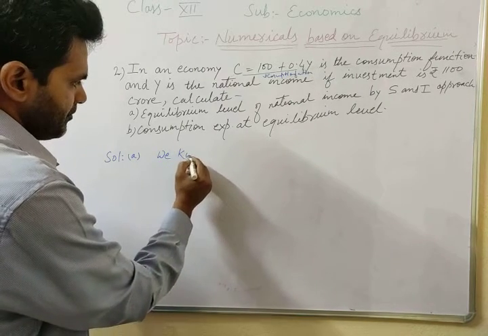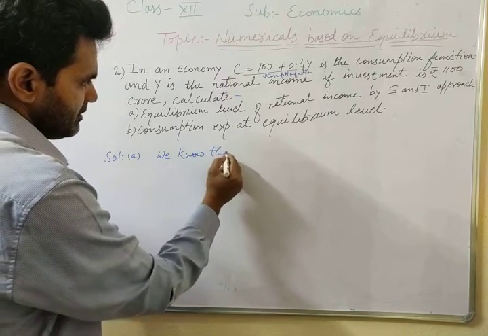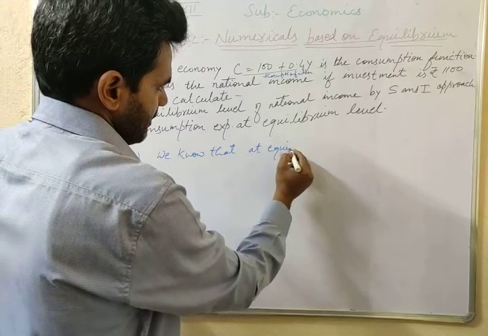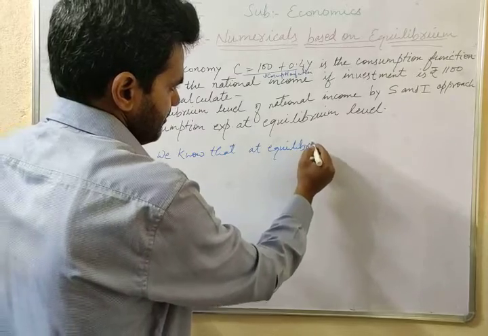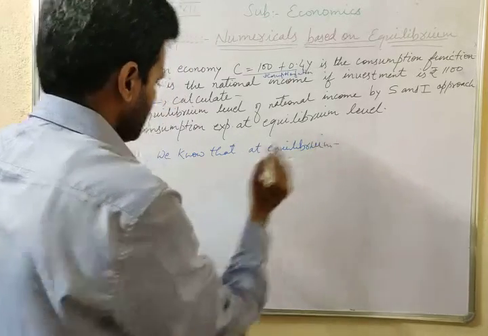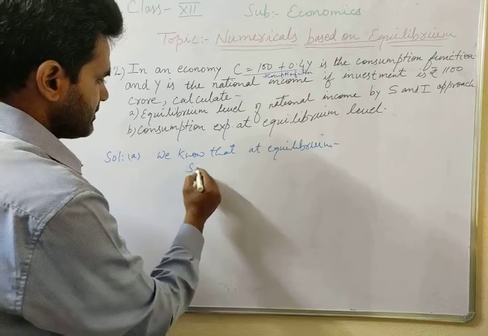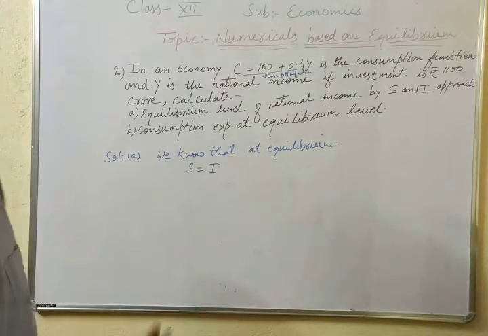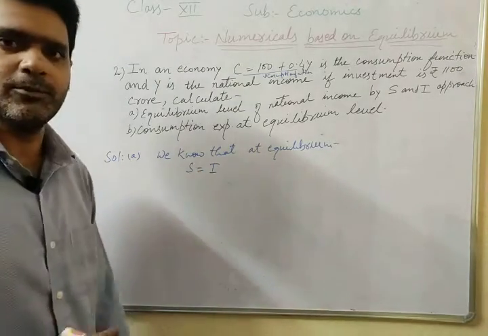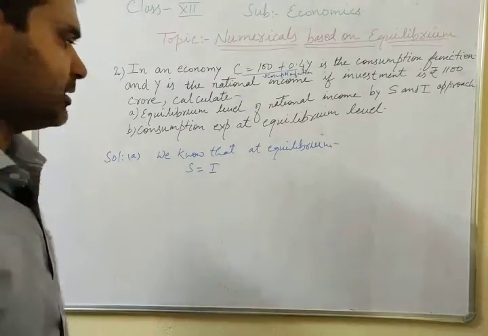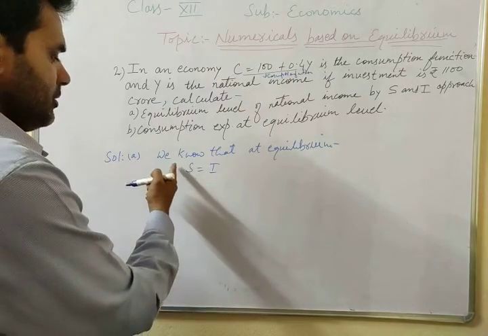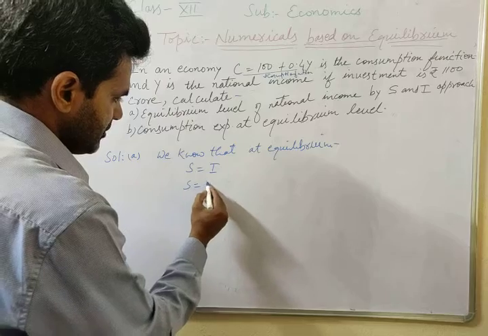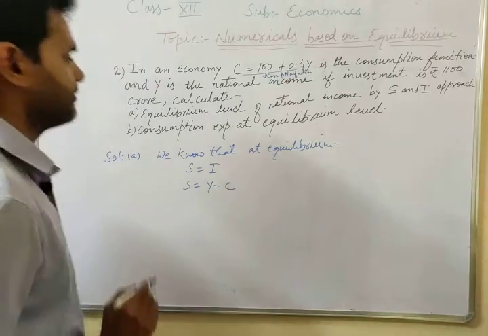So we know that at equilibrium, S will be equal to I. This is the necessary equilibrium condition using the saving and investment approach. This we have discussed in our previous class. So how do we calculate S? What is the formula for getting S? S is equal to Y minus C.